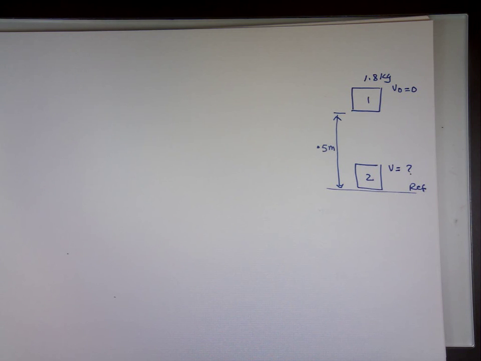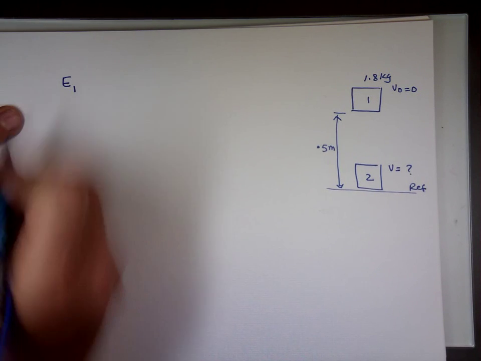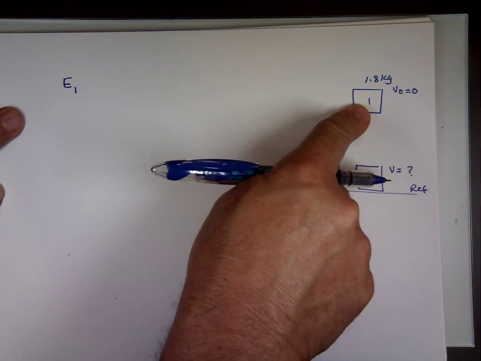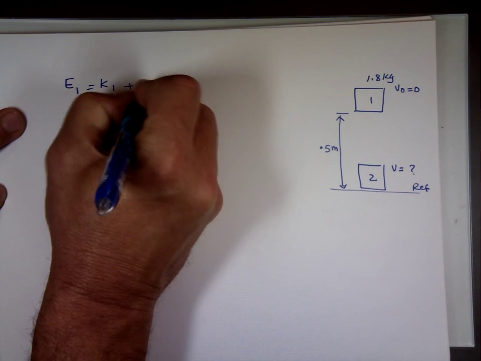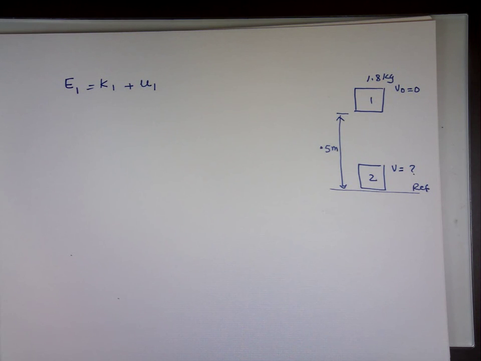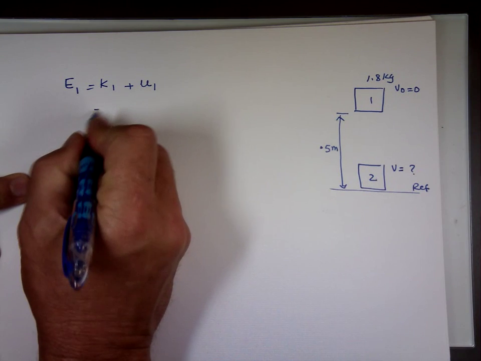Now again, let's look at the mechanical energy at 1, which means the kinetic energy at 1 plus the potential energy at 1. How much kinetic energy do we have here? 1/2 the mass, which is 1.8, times the velocity squared.